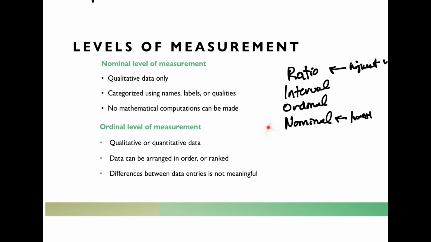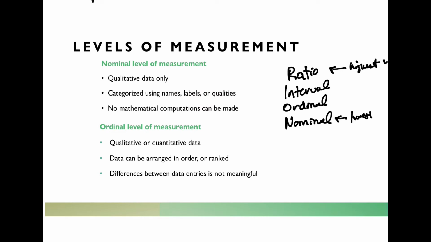One level above that, the ordinal level, it's also qualitative, but it can be quantitative as well. It's ordinal, meaning that the data can be arranged or ranked in some order in some way. So it's just one step above where we only have names and labels.